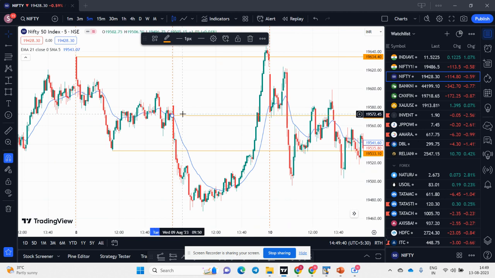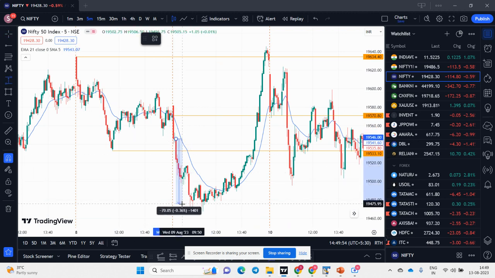One is it is crossing the previous day close, as well as it is crossing the 21 EMA. So it has closed below both, and our main entry is here. If we measure what target it has given, it has given exactly 70, close to 80 points again. So that kind of thing we have.